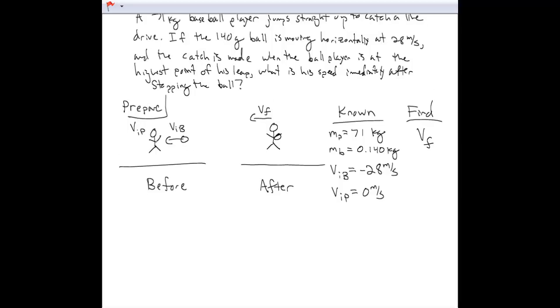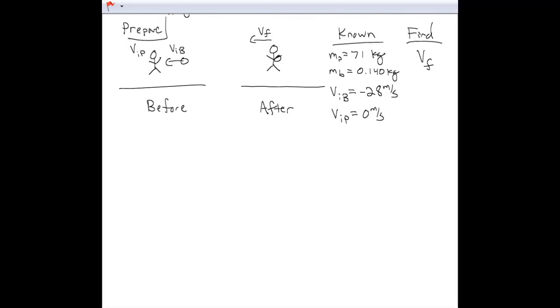Okay, now that we've set up our picture and listed what we know and what we want to find, let's think about how we're going to solve this. I think we're going to use the idea of conservation of momentum. We first want to find the initial momentum: multiply the masses and the velocities of everything we have initially.